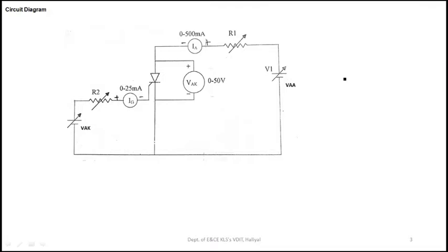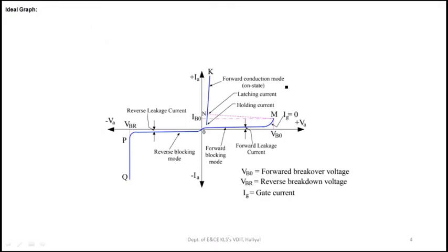Now if you go to the actual circuitry based on the basic principle of SCR, it requires a latching current and also a holding current or some trigger. That is provided by the variation of VAK with respect to VAA. If you look into the plot here, we vary the VAK value, and correspondingly we note down the IA value.